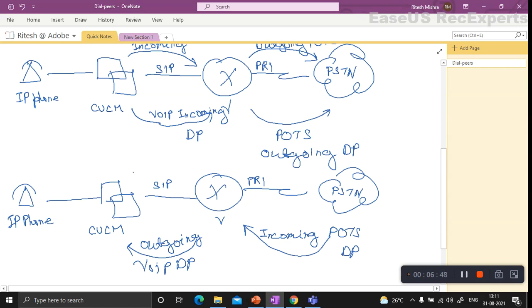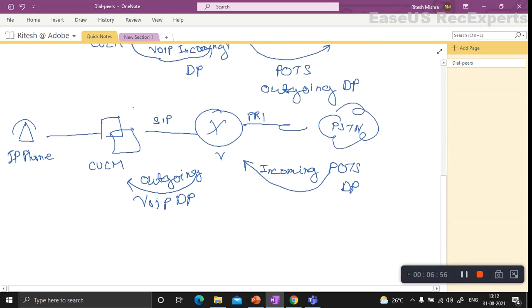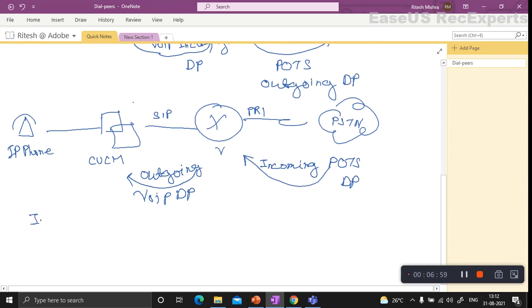So basically, if I talk about the voice gateway and how many dial pairs you need, you will need an incoming VoIP dial pair, and an incoming POTS dial pair.